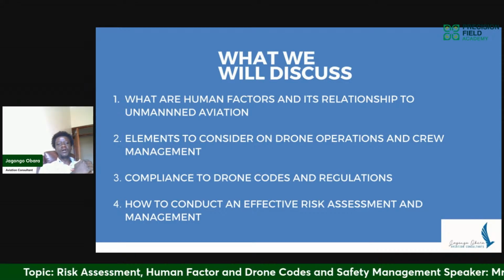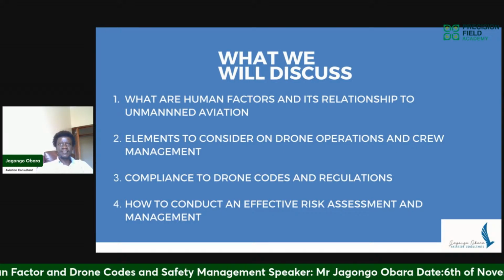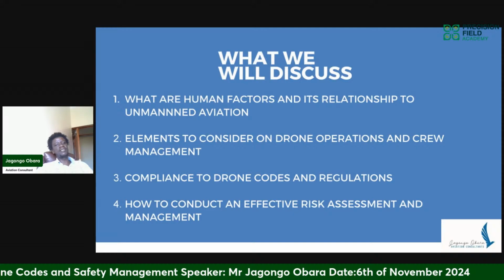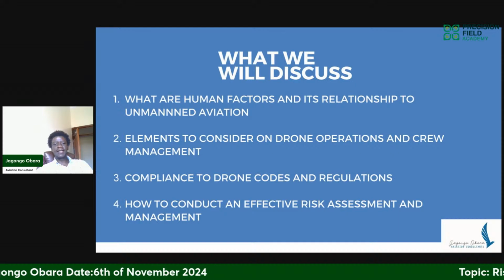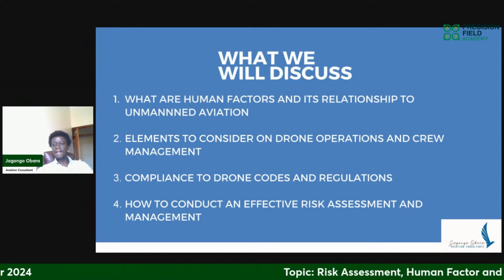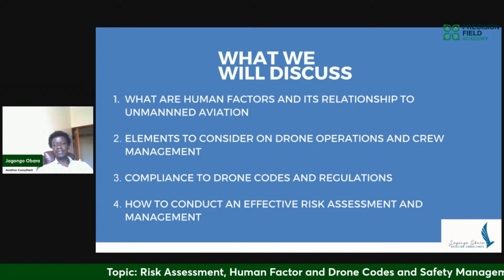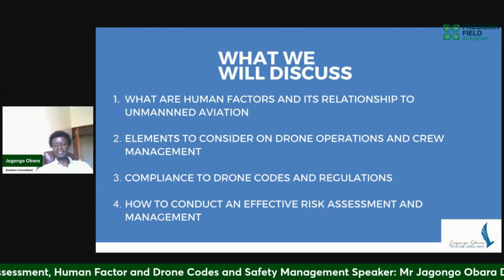And the third bit, which is also very critical, is compliance to drone codes and regulations. We do not fly in a vacuum. We are highly regulated as aviators, and drone operations are no exception to this. We normally might want to give the client all the nice pictures that they want, but all these nice things that we want to give the client and the farmer are based on certain criteria.